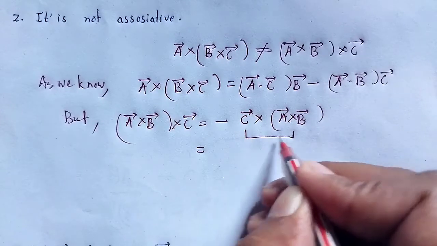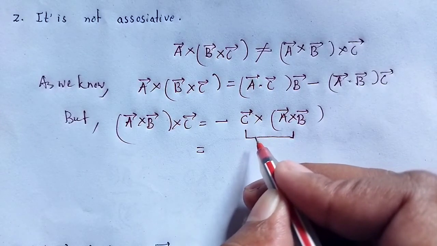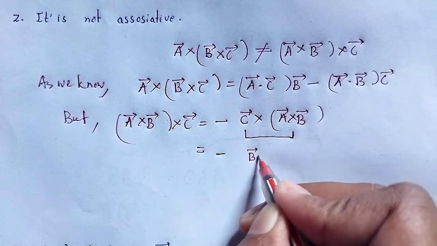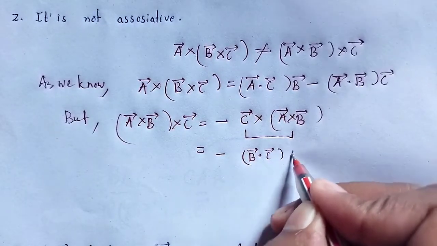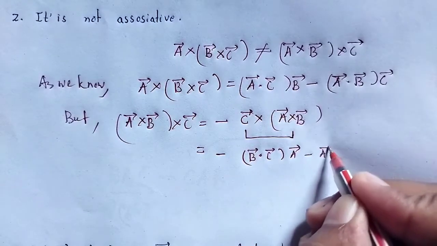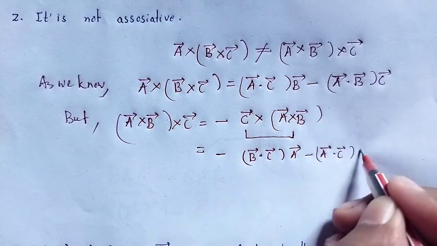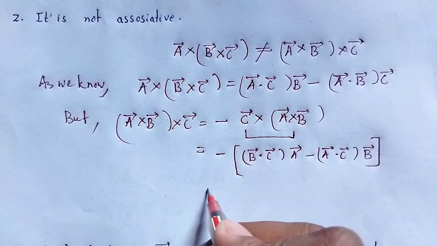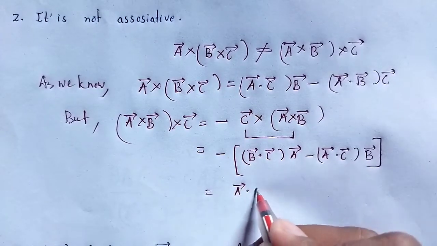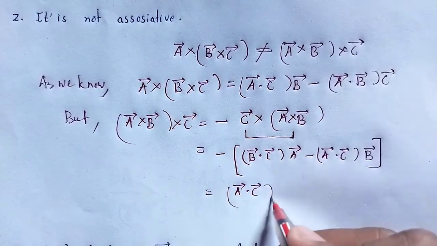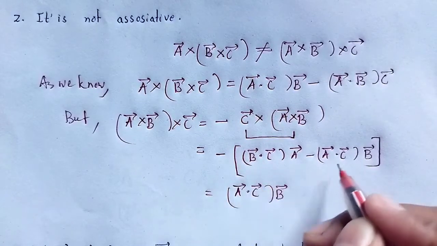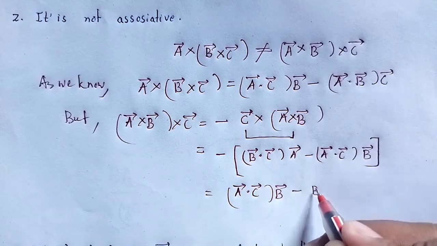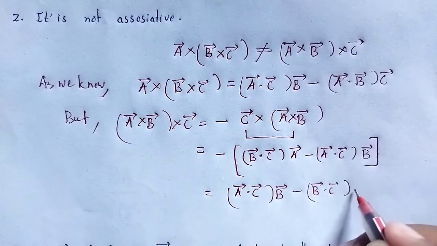Again for the vector triple product, we use the expansion formula, which changes to B dot C A vector minus A dot C B vector, that is A dot C B vector, with the negative multiplied, plus minus B dot C A vector.